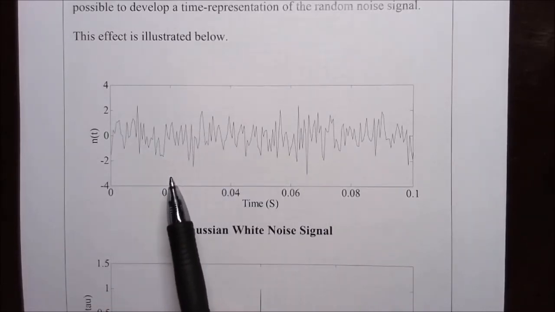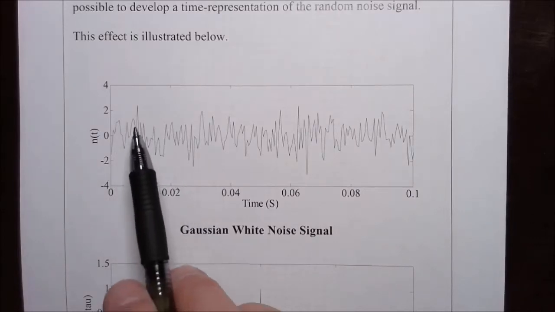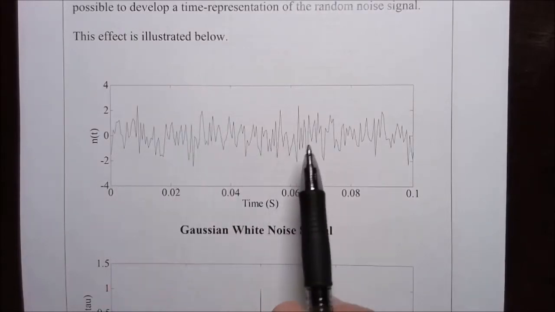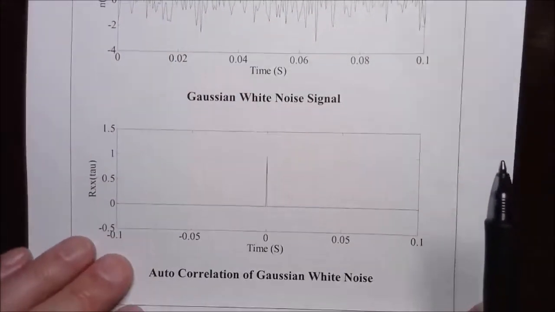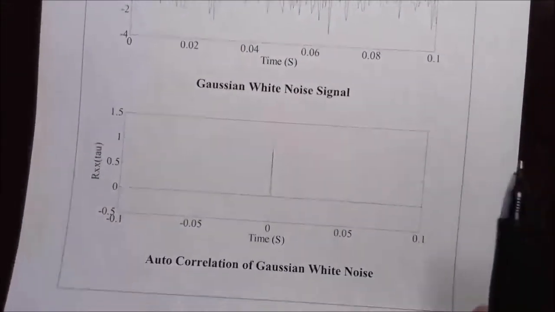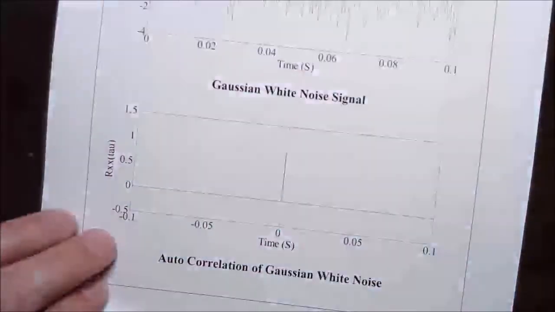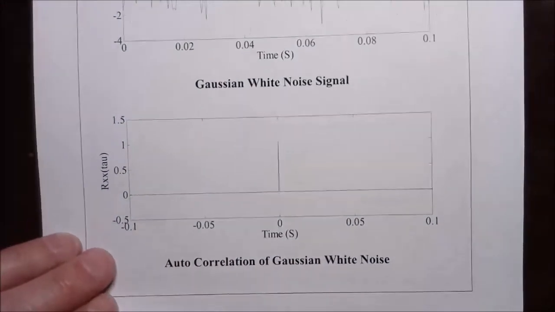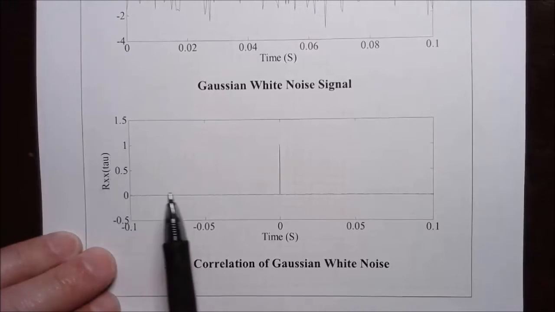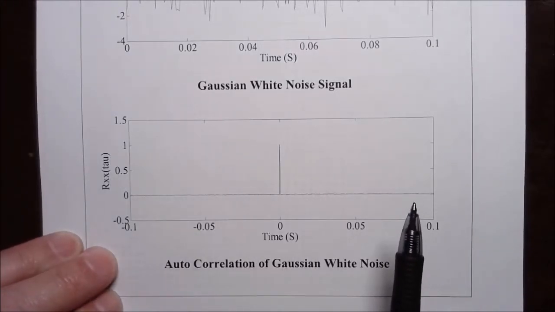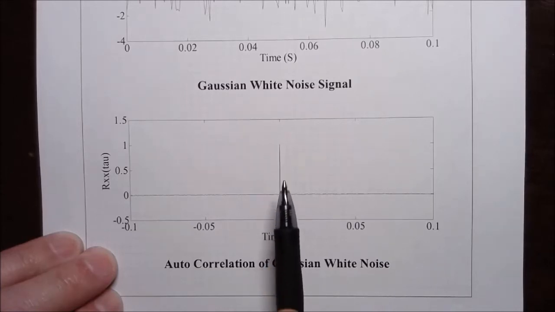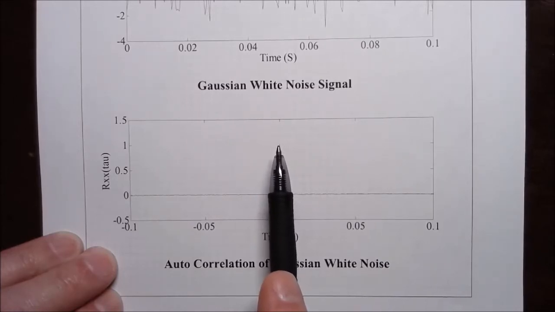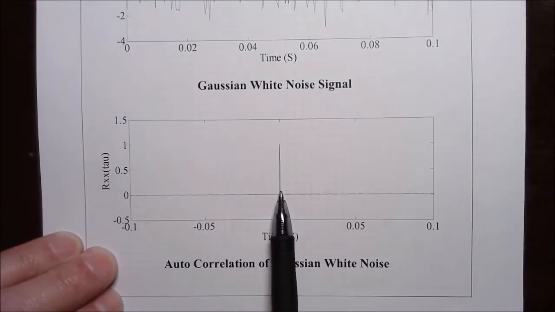I generated this using MATLAB again, and the dots are connected so you can see how the noise changes randomly. I had MATLAB do an autocorrelation to estimate the autocorrelation for this random noise, and this is what we get. It closely resembles a delta function, with a height of 1 right here at tau equals 0.